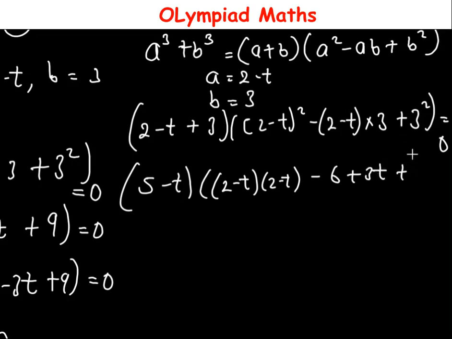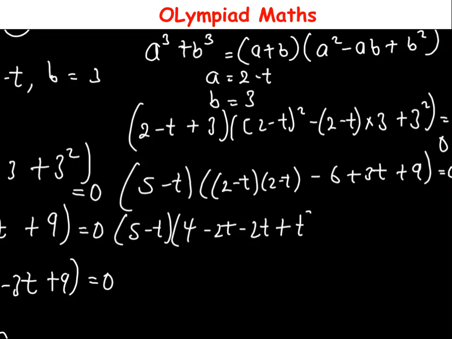So plus 3 squared is 9, all is equal to 0. In brackets, we have 5 minus t multiplied by 2 times 2 is 4. 2 times minus t is minus 2t. Minus t times 2 is minus 2t. Minus t times minus t is plus t squared.